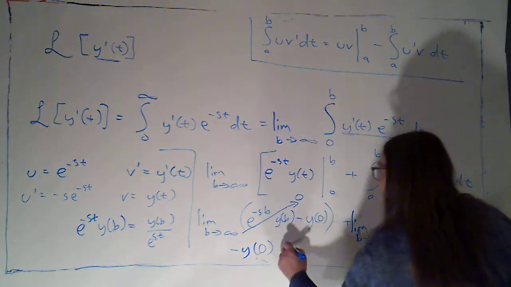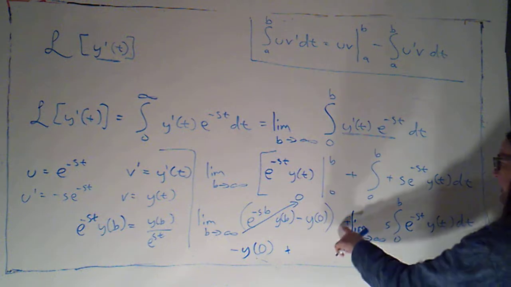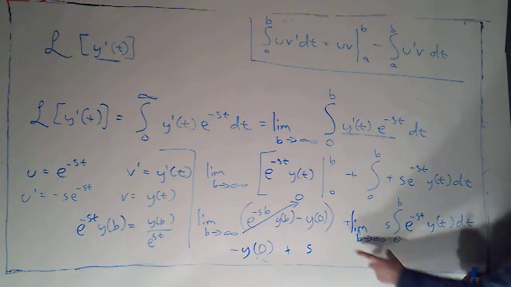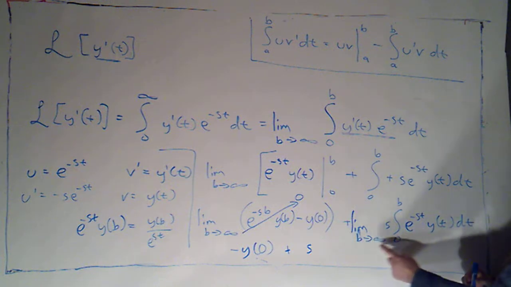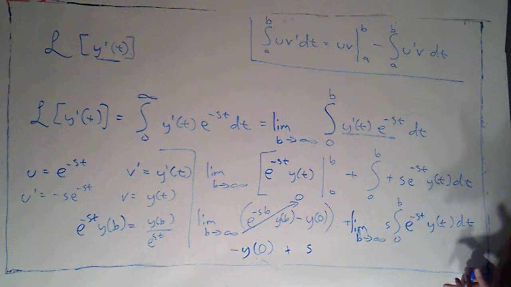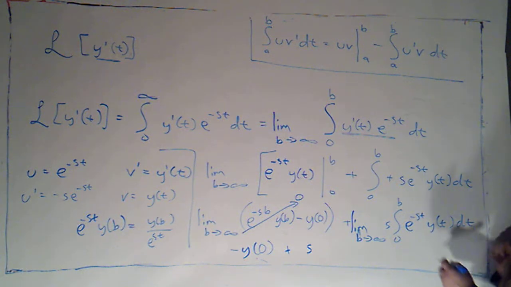Okay, plus I can actually pull the s outside of this limit, but let's take a look at what we have. We have the limit as b goes to infinity of the integral from 0 to b. So that's just an improper integral from 0 to infinity.